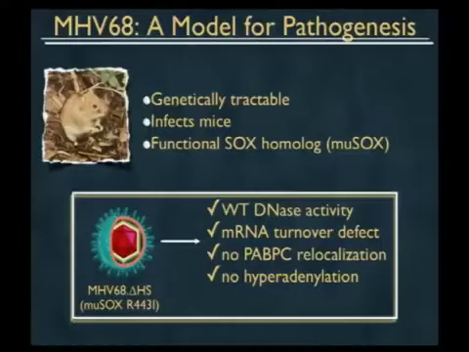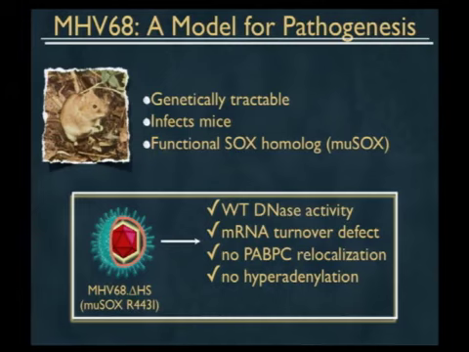So what a graduate student, Justin Richner, in the lab did was set about doing a random mutagenesis screen and was able to identify a single one amino acid change mutant in the mu-SOX gene, which allowed it to selectively lose this ability to trigger RNA turnover, but retain the wild type DNase activity.